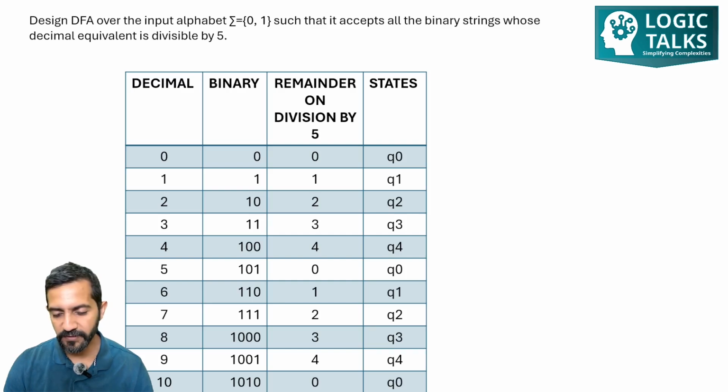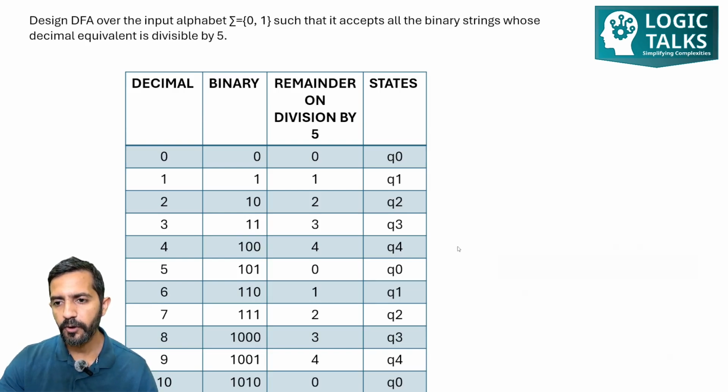We have already seen the detailed version of such questions in the previous video. In this video, we will be focusing on the shortcut method to do such questions. Here we are dealing with division by 5, so we have to make 5 states, that is Q0, Q1, Q2, Q3 and Q4. Now let us make a transition table for this.